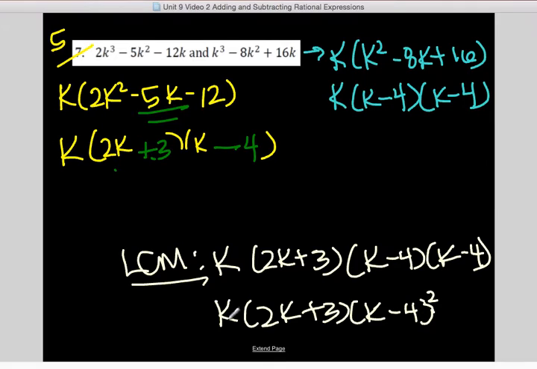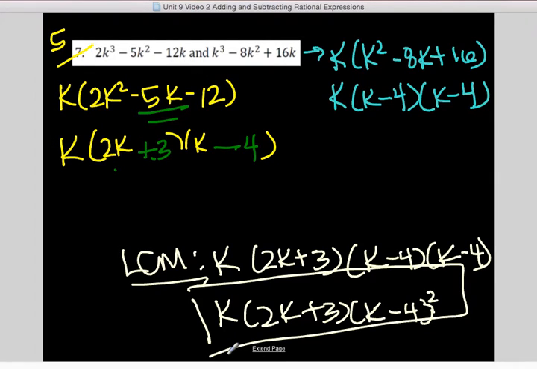And that would be my LCM. Okay, so the LCMs, we use those to find the common denominator. So when we're trying to find a common denominator for our rational expressions, this is the process you may need to do in order to figure it out.